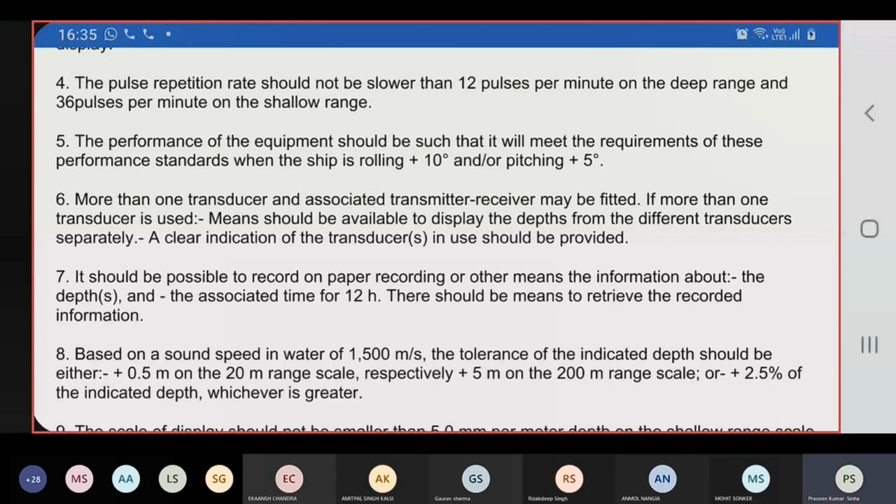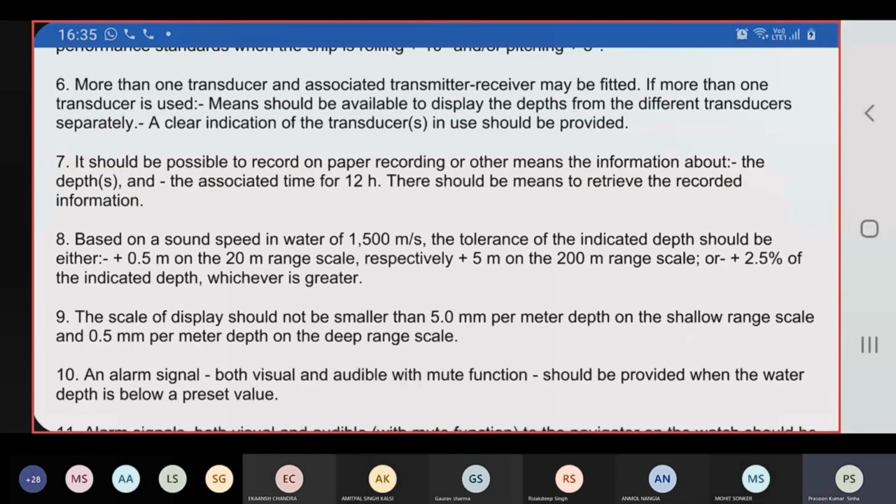When the ship is rolling and pitching by an angle of 10 degrees and 5 degrees respectively, rolling 10 degrees, pitching 5 degrees, the system should also work quite reliably. Similarly, there are some points you can just go through.